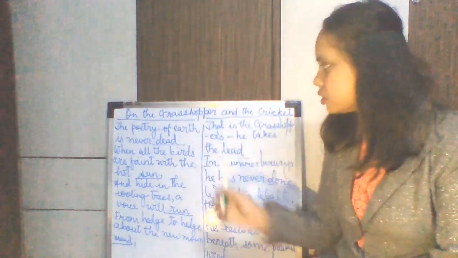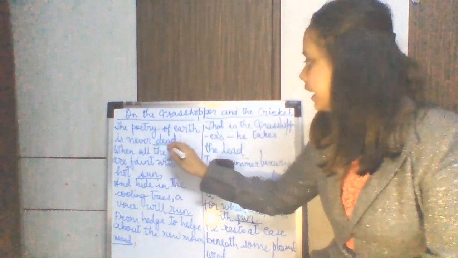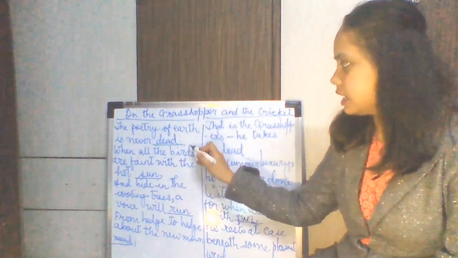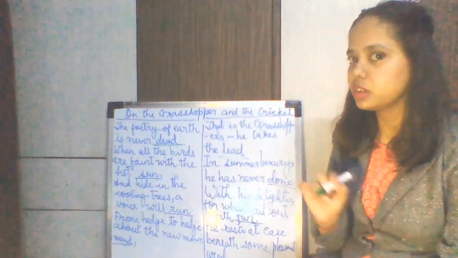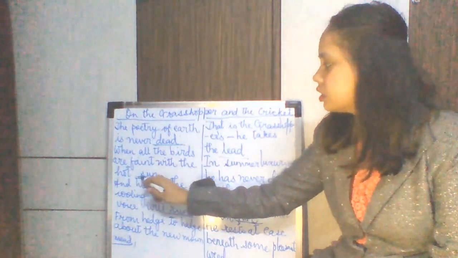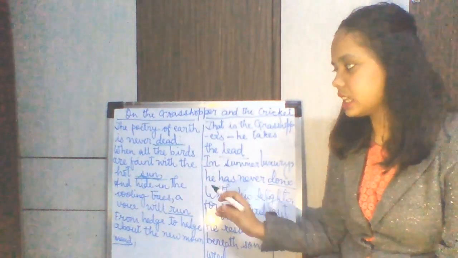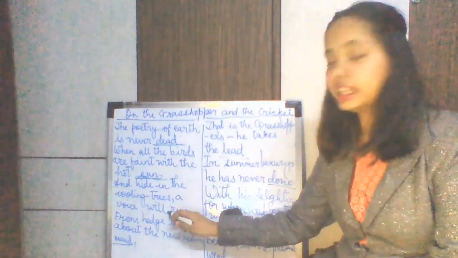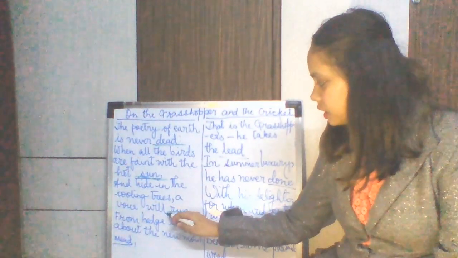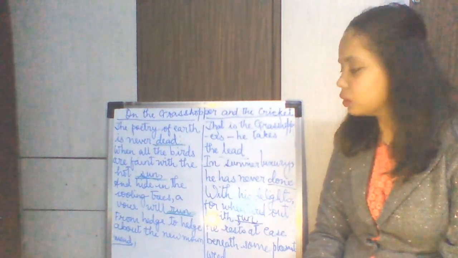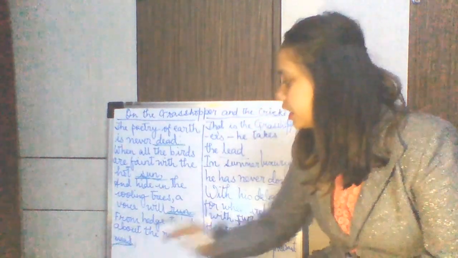If you see here, dead is the last word. We have to concentrate first on the last word. The last word in the second line is sun. The last word in the third line is run, and the last word in the fourth line is mead.